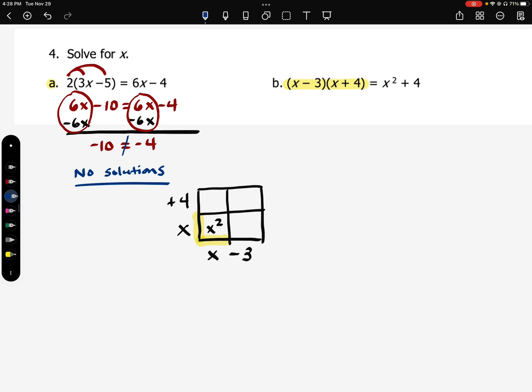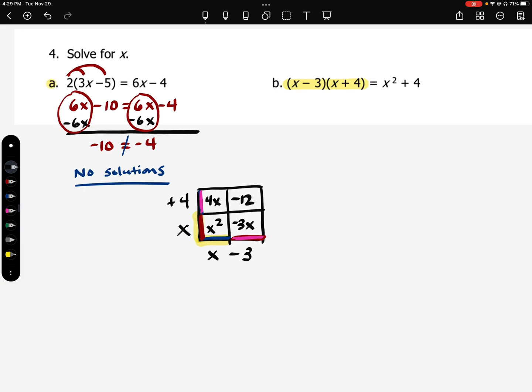Then we'll do this x times this 4, which is going to give us 4x. And then we've got negative 3 times this x would give us a negative 3x. And then lastly, we'd have this negative 3 and this positive 4. When we multiply those, we're going to get negative 12.